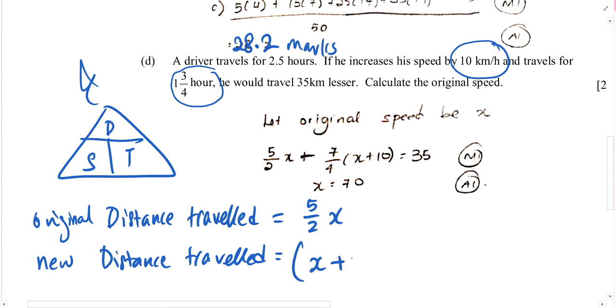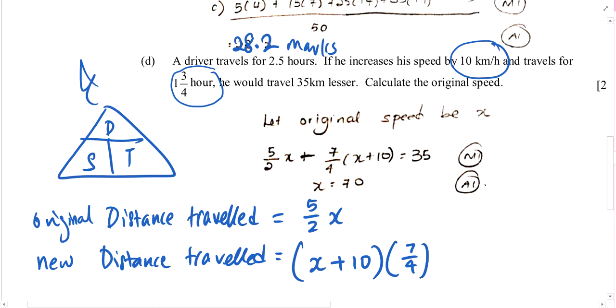X plus 10. What is the time taken? 1 hour 45, right? Do you want to write 1 hour 45 over here, or do you want to write it as 1 3/4? Yeah, 1 3/4, because everything is already in fractions, right? In hours. So 1 3/4 is actually 7 over 4. This is the new distance traveled.